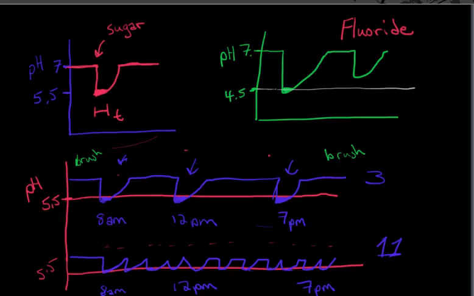We don't want to take a sugary coffee or a Coke and sit at a desk and sip on it all day, because that's going to cause us more problems. And then the second thing it shows us is that we want to try to make our teeth stronger, in this case through the use of fluoride, by requiring the pH to get to a lower level for actual demineralization to occur.